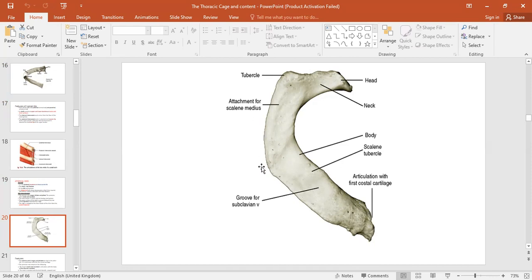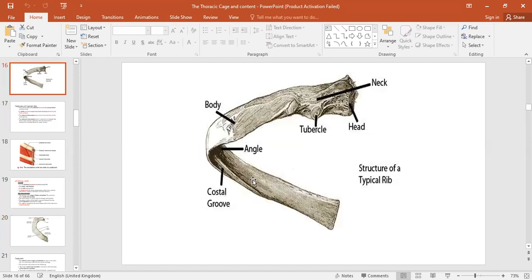In addition, this diagram is not showing us the undersurface of this rib. This rib lacks a costal groove because there are no blood vessels running under it like seen in other ribs. There is no neurovascular bundle. The neurovascular bundle creates the costal groove.